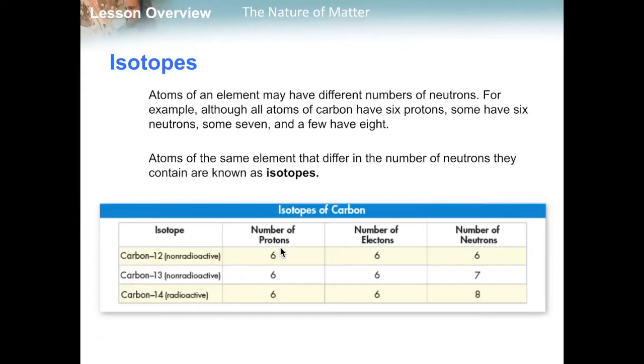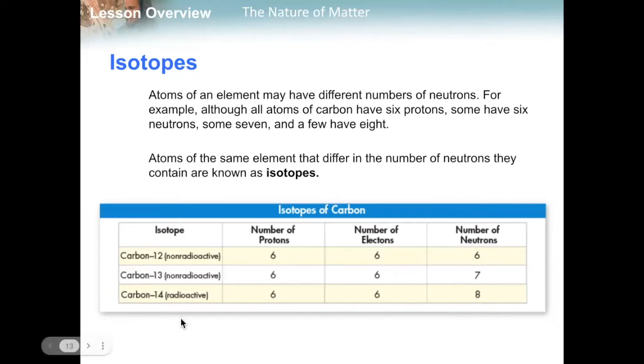Carbon 12: the number of protons has to be 6, and the number of electrons also 6. But the number of neutrons, which are neutral in charge, could be 6, which is the most stable state. And then also could be 7, still somewhat stable. And then 8. If it's 8, it's radioactive and it will decay.